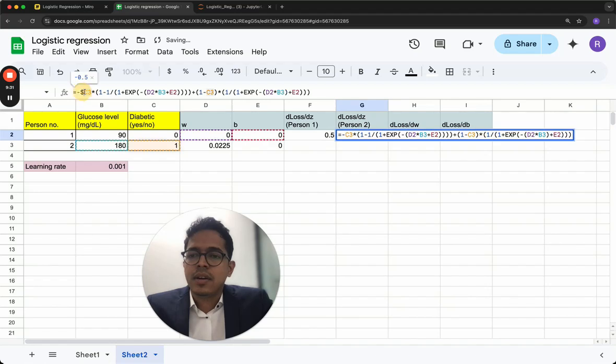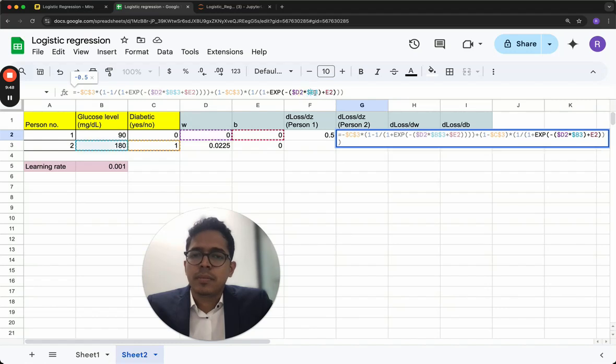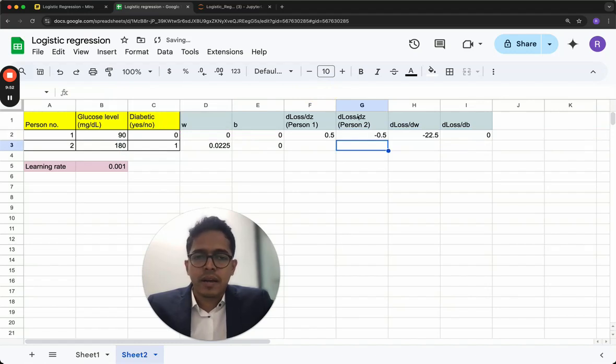Now here $C$3, $D2, then this will be $B$3, then $E2, $C$3, $D2, $B$3, and $E2. I hope I have not made a mistake here.